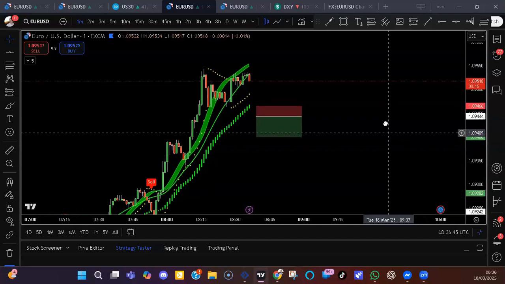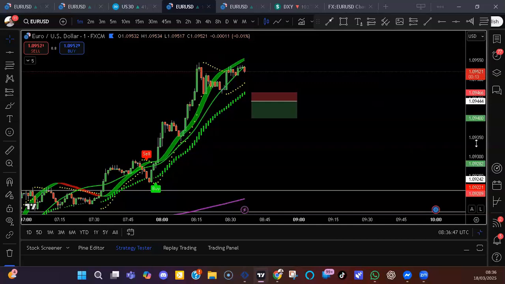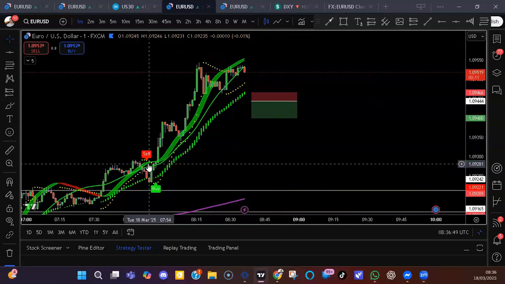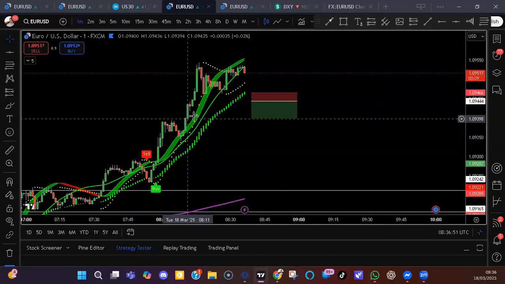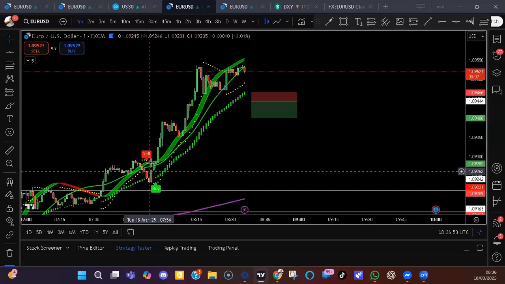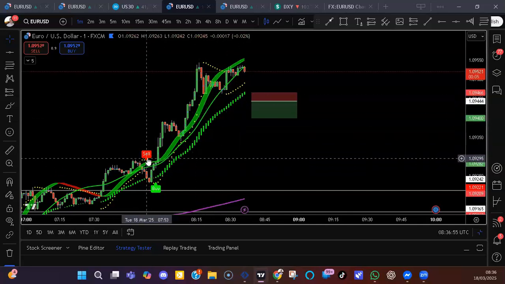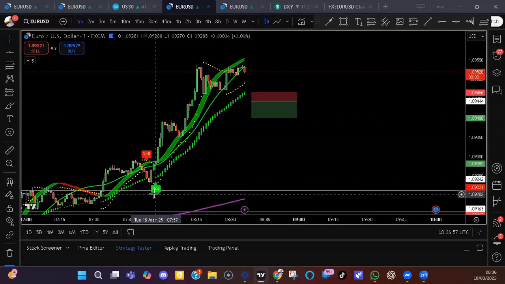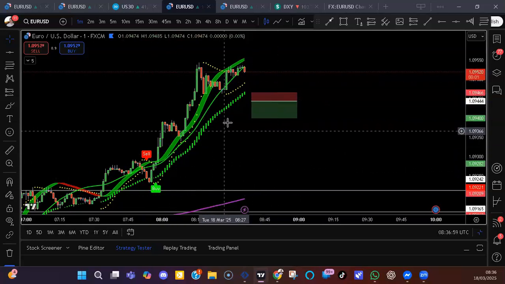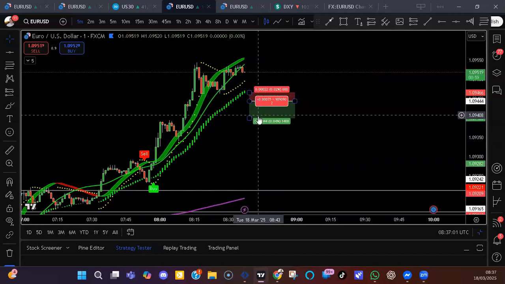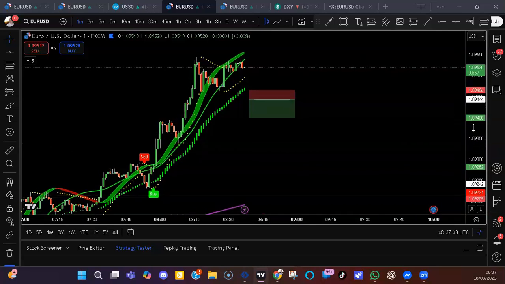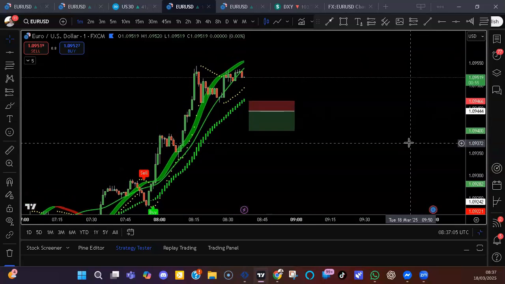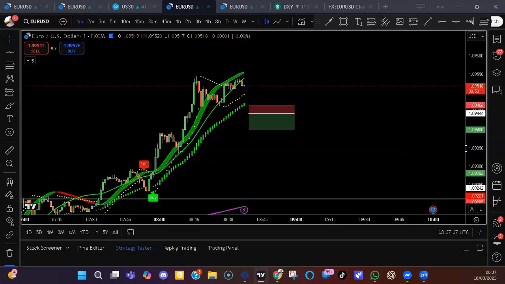But in a way, it's good that we've got these indicators to do 95% of the job for us, telling us what to do: green, green, green, buy; red, red, red, sell; telling us where to put the stop loss and all that good stuff. So 95% of the job's done for you.